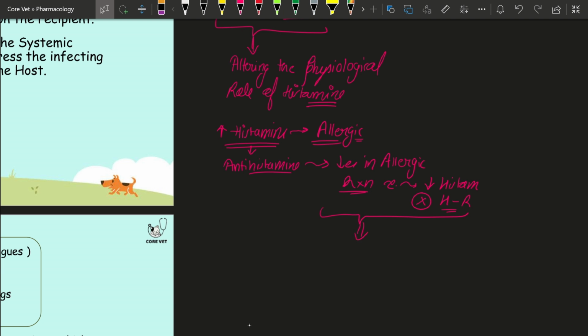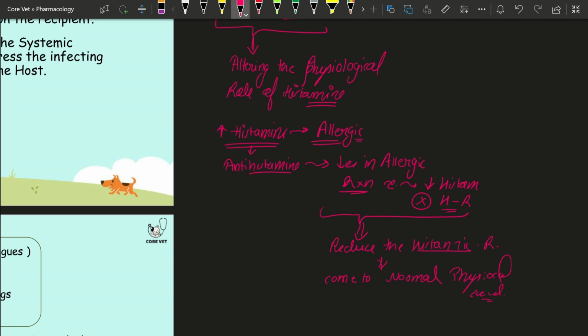It was meant to just subside or reduce the histamine response such that the body comes to a normal physiological condition, right? To reach a normal physiological condition.